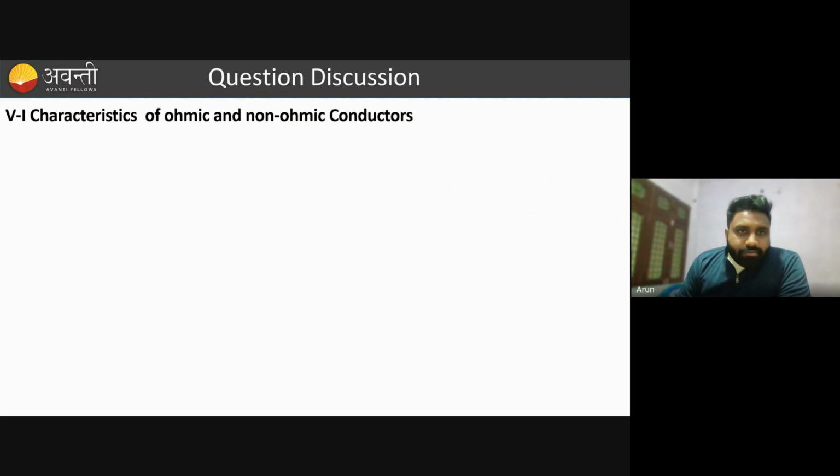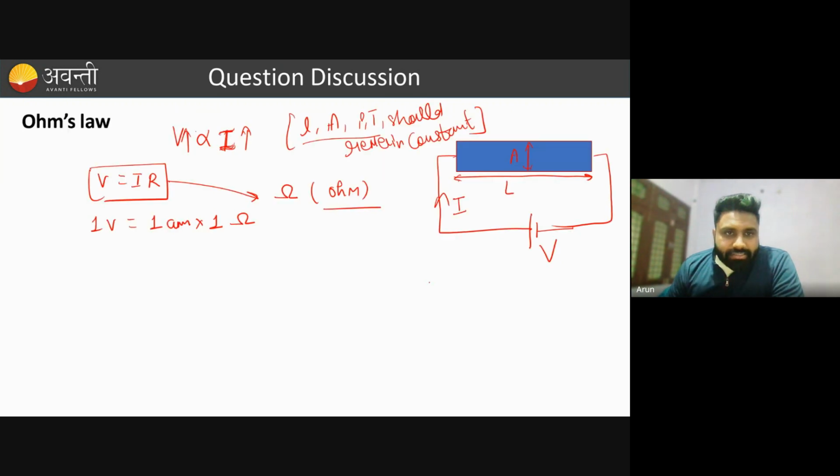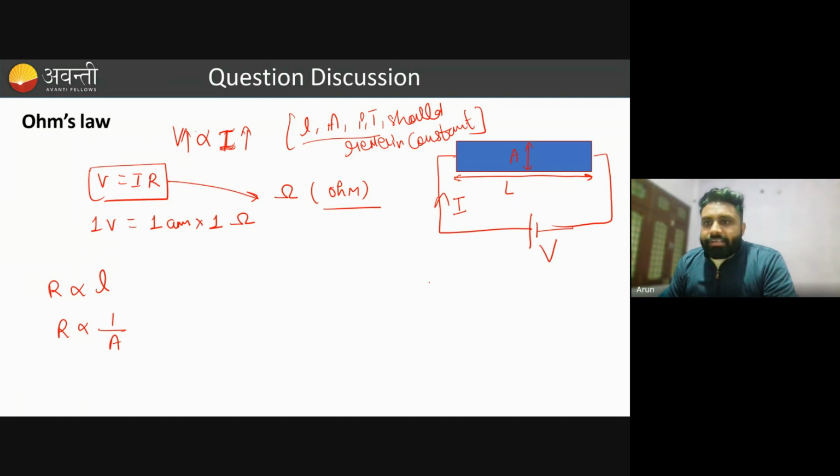But firstly I will discuss something about the resistance. The formula for resistance: we know that resistance varies directly proportional to length. Resistance is proportional to 1 by A, which means for area it follows an inverse relation.